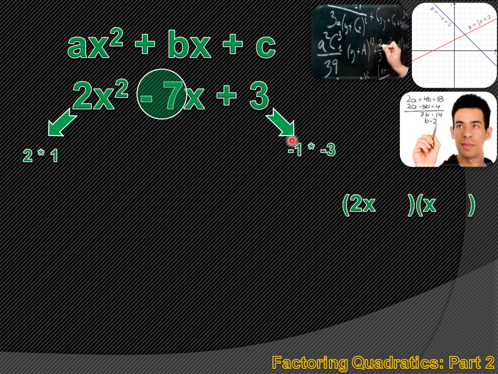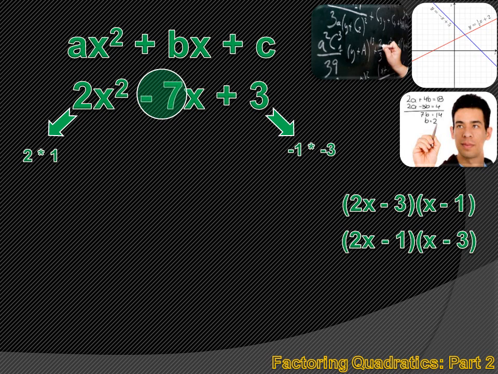But I got to figure out which c factor goes in which hole. One possibility is that I put the minus 3 with the 2x and the minus 1 with the x. But there's another possibility. I could put the minus 1 with the 2x and the minus 3 with the x.